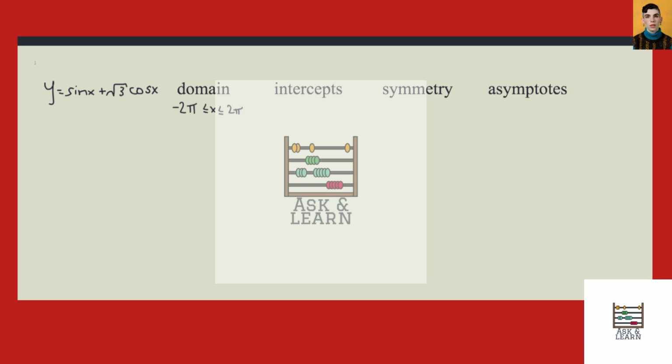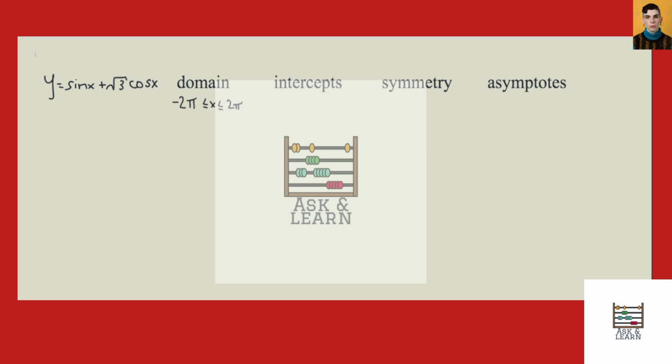So this is our function, and we're already given a domain. And so if we get our intercepts, if we set x equal to 0, we see that we have an intercept at (0, radical 3).